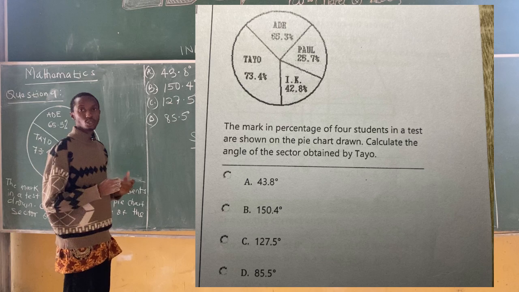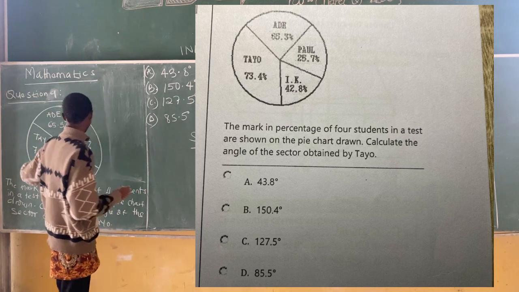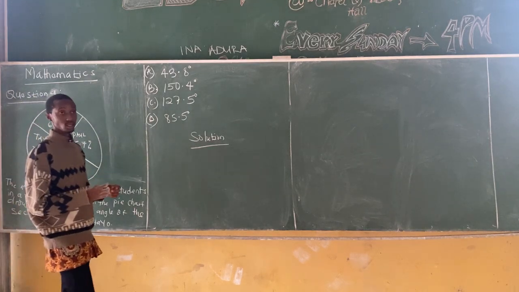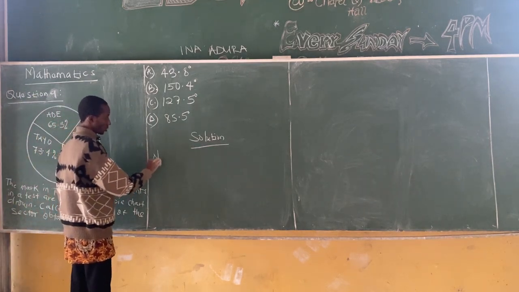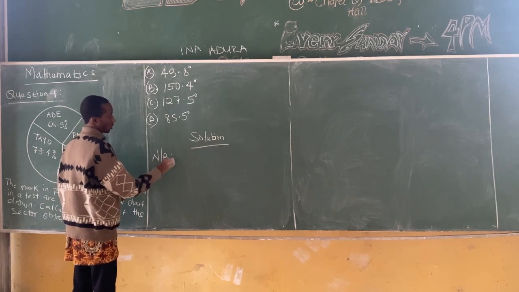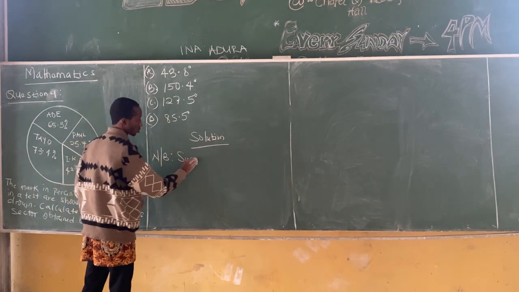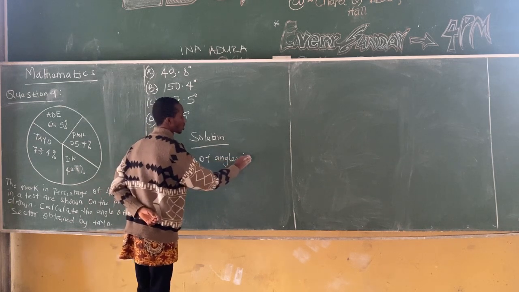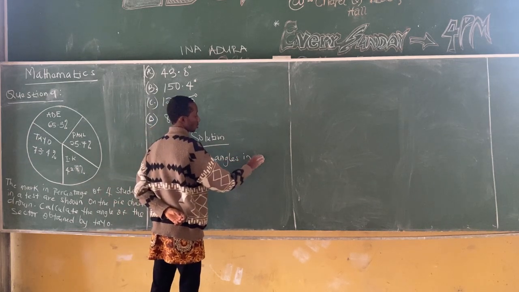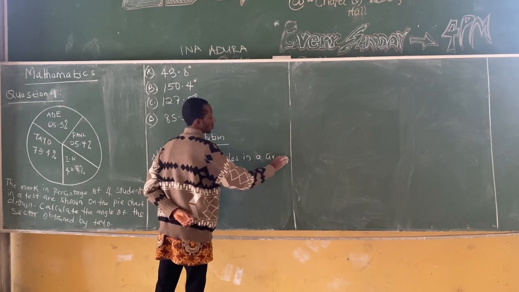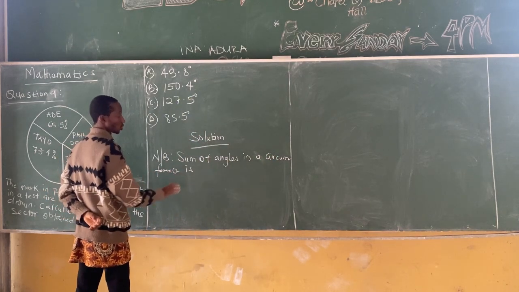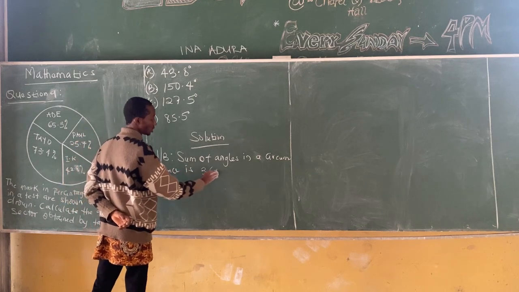Solution. Don't forget, we have sum of angles in a circle is equal to what? 360 degrees. Don't forget that sum of angles in a circumference is equal to what? 360 degrees.